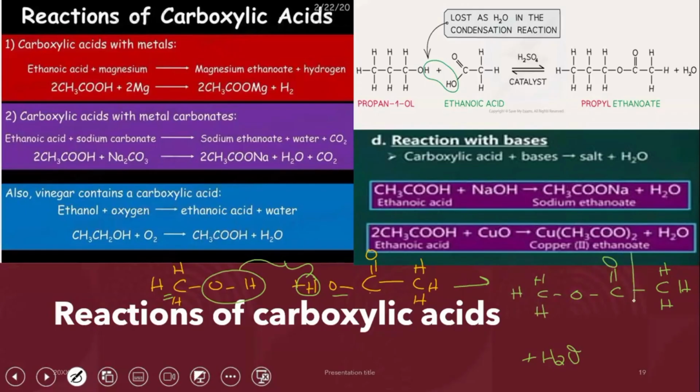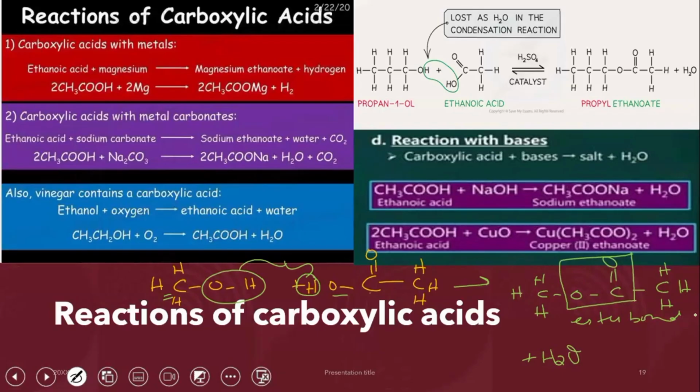And do you see this bond? C double bond oxygen, single bond oxygen. This COO is what we now call the ester bond. This is our ester linkage or our ester bond. And when we are naming the compound, what about naming the compound? I will tell you a trick. I have taught you the rules for naming the compounds.